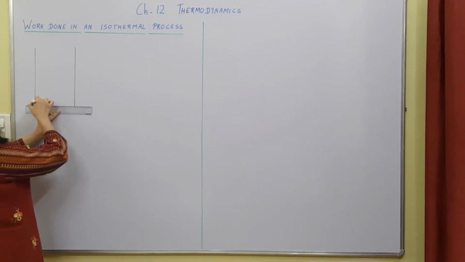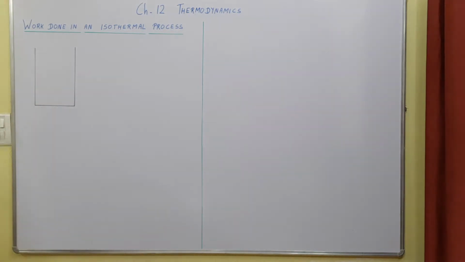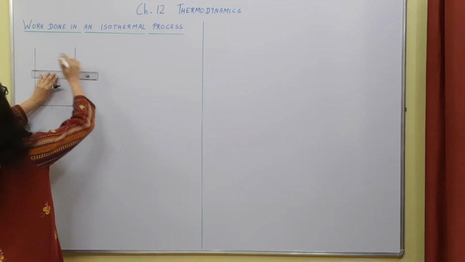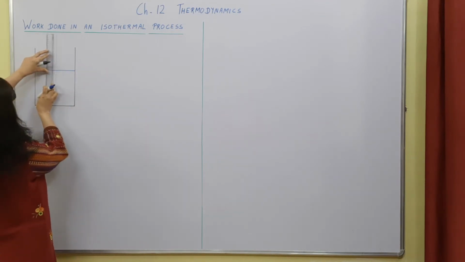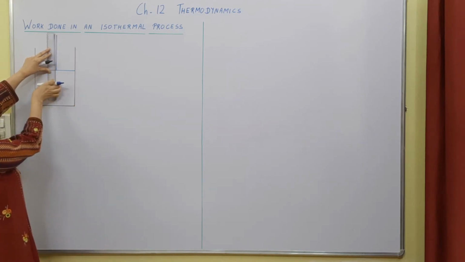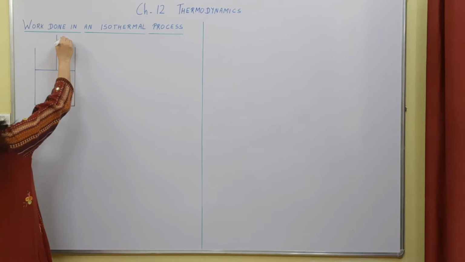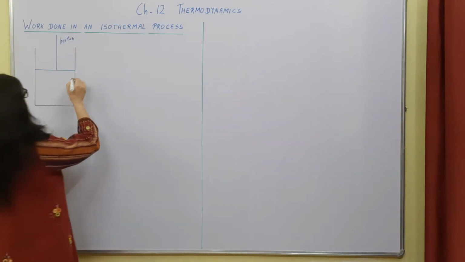of cross section area A where a piston is attached to it. This is the piston and V1 is the initial volume.